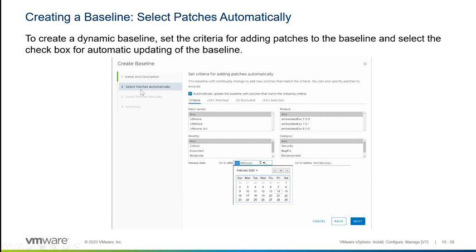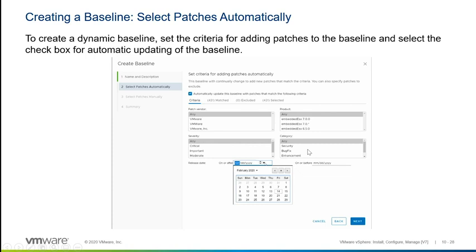If I choose to select patches automatically, I can select it to also automatically update the baseline as we learn more information. I can choose what patch vendor I want to include, what product they are for, what level of severity should this baseline include. So do I want it only to have critical patches, or do I want to include all the patches, for example? And then what category?